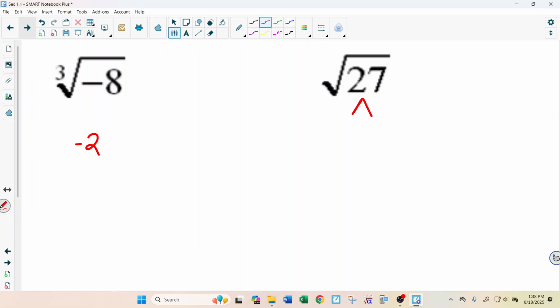You know, our 1, 4, 9, 16, 25, 36, 49, 64, 81, 100, and this is 9 times 3. The part that is not a perfect square stays underneath the radical. The part that is a perfect square, we take the square root of that, which is 3, and then that goes in front. So we get 3 square root of 3.